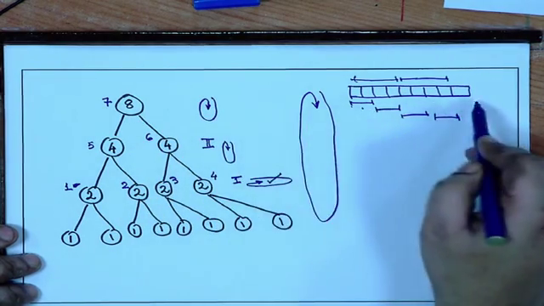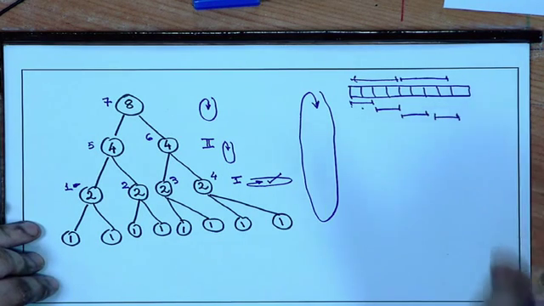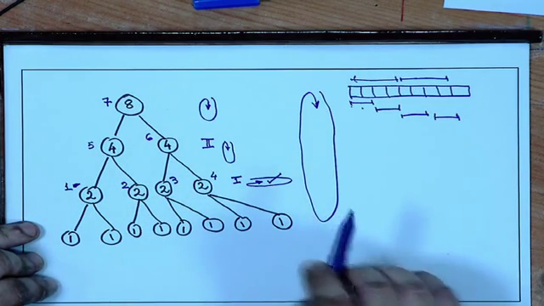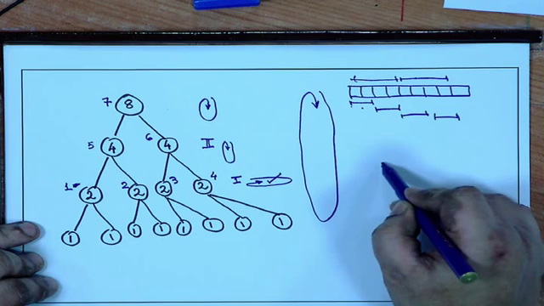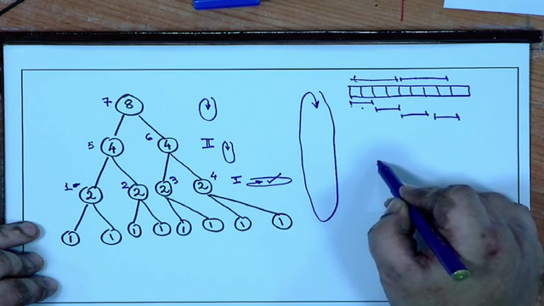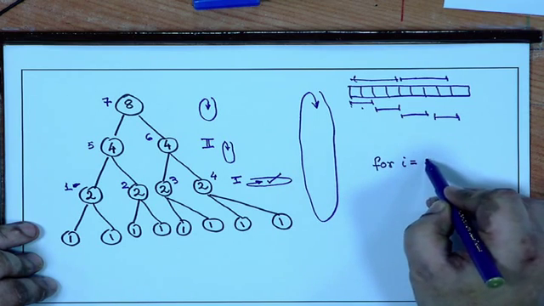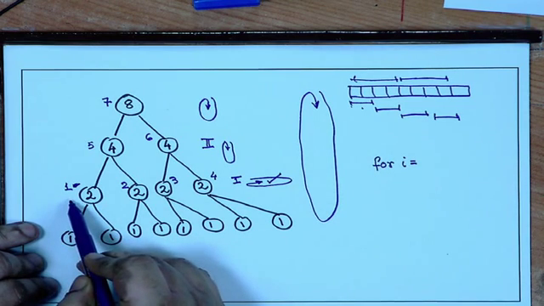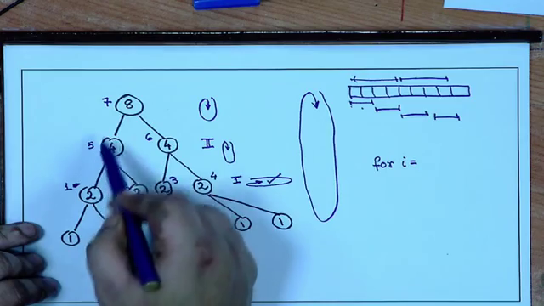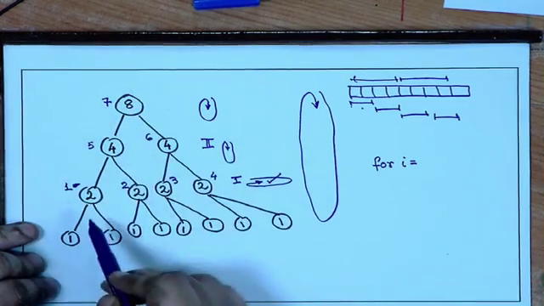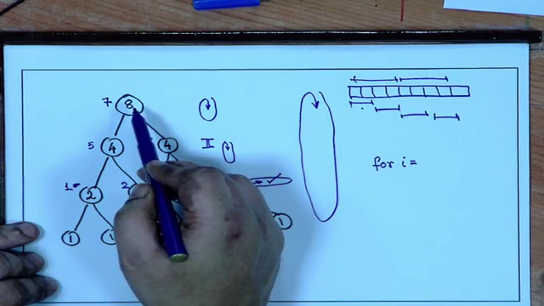So, you will have this array and you will use an additional array to do whatever you want, because in-place merge is not possible in the same array. Still, you will write an outer loop, for i equal to, starting from the bottom. How many steps will there be in the outer loop? The height of this tree. The height of this tree is how much? Log n.